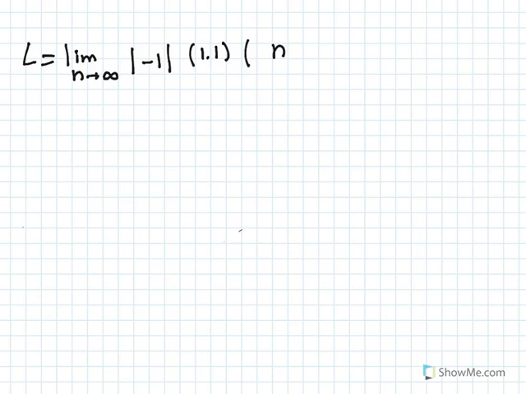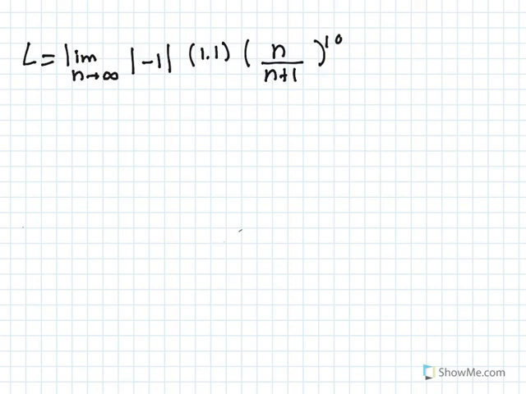So if we simplify this, we're going to get L is equal to the limit as n approaches infinity of the absolute value of minus 1 times 1.1 times n divided by n plus 1 to the power of 10.